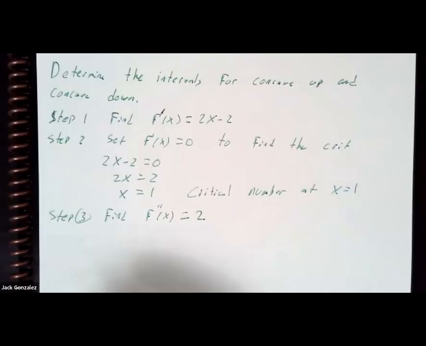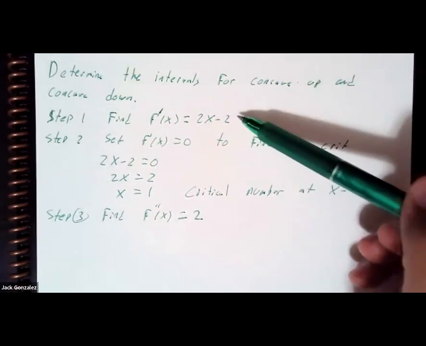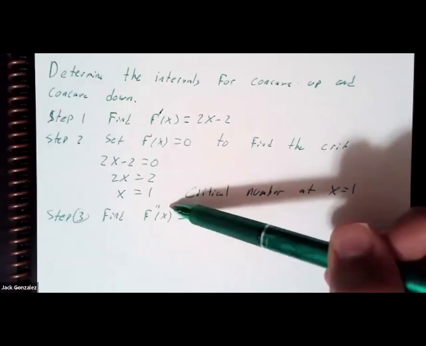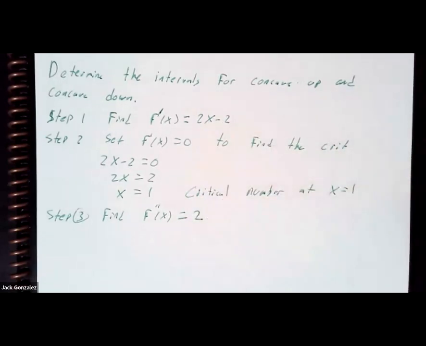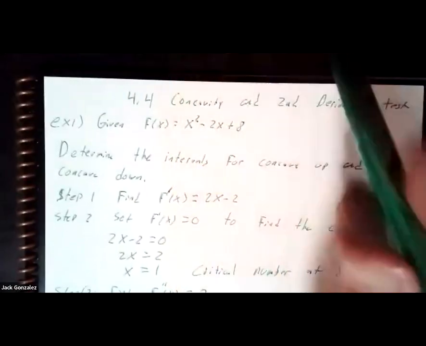How does double prime work? Just take another derivative. You take one to get this one, then take a derivative of this to get the second. So this is the second derivative of the original function because I did it 2 times. Let's go through it.